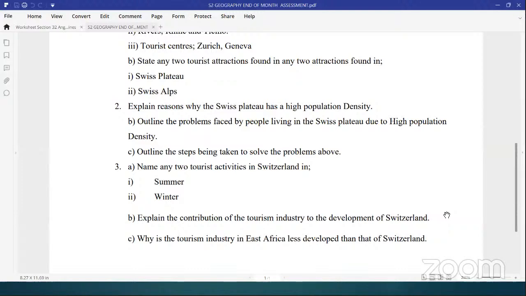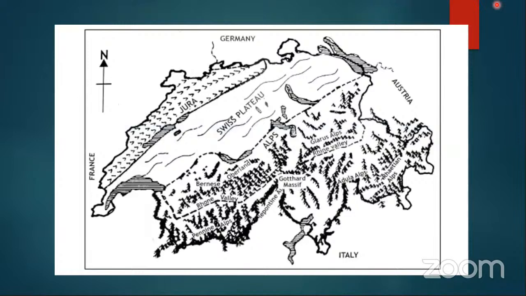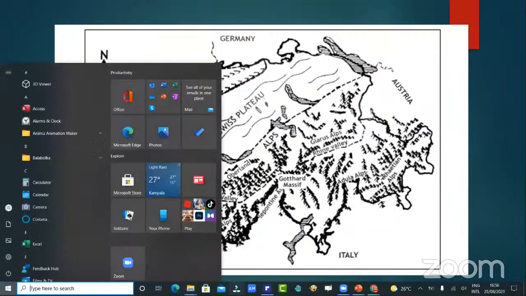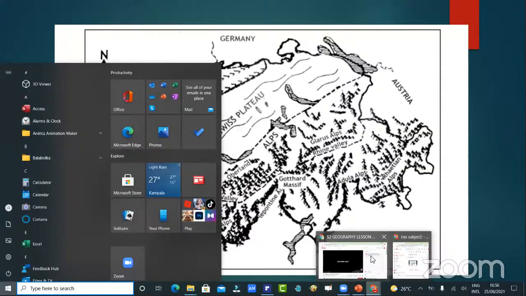Remember, we said that the Alps is covered by mountains, and those mountains have snow on top. Then you can look at the beautiful scenery of the glaciated landscape, the hanging valleys, during summer.